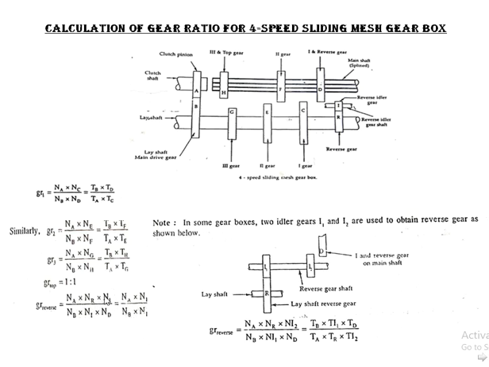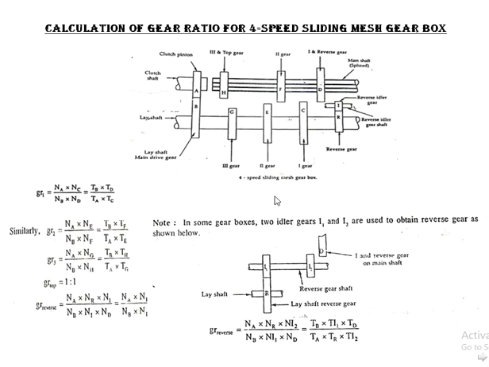When you simplify this, Ni and Ni get cancelled, and the remaining equation is Na by Nb into Nr by Nd. A small correction: it is Nr by Nd, which gives the reverse motion to the vehicle.